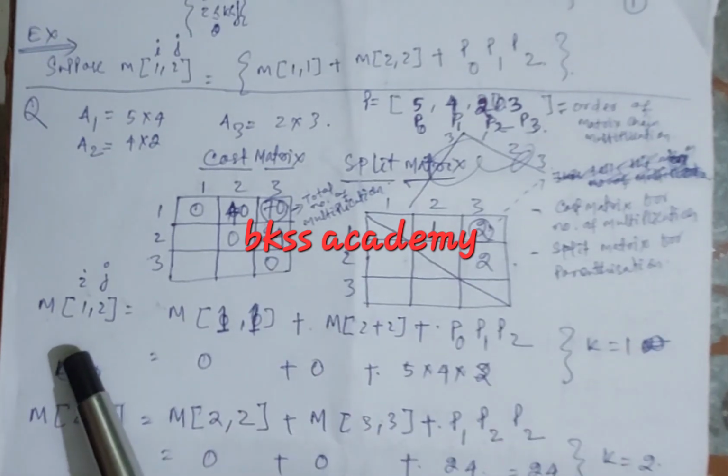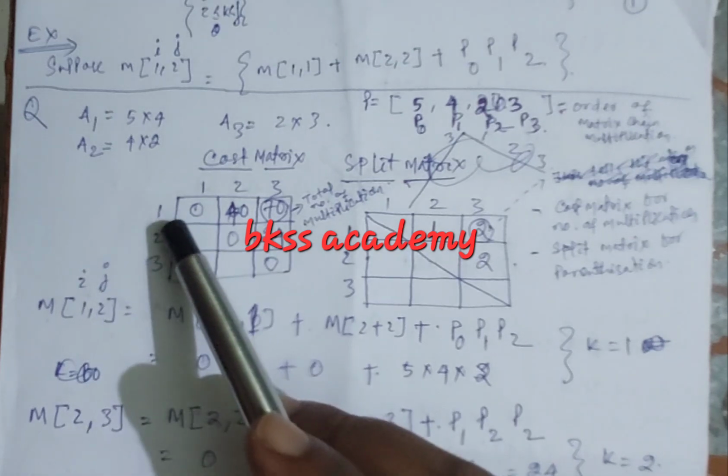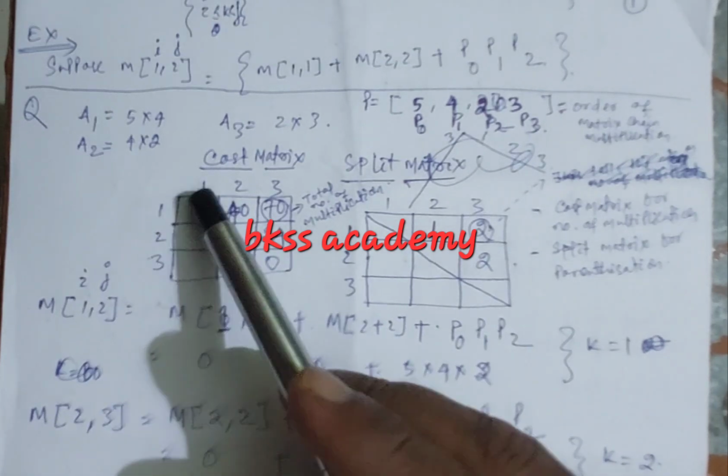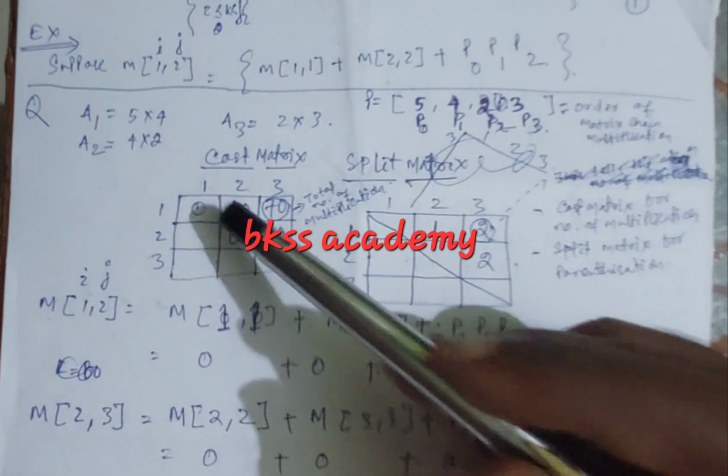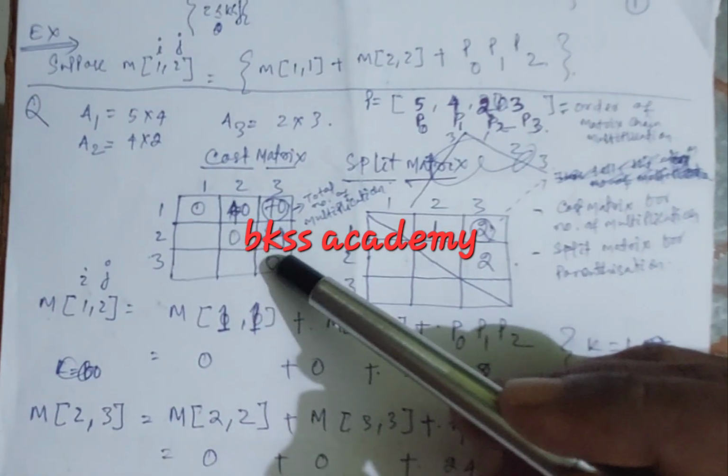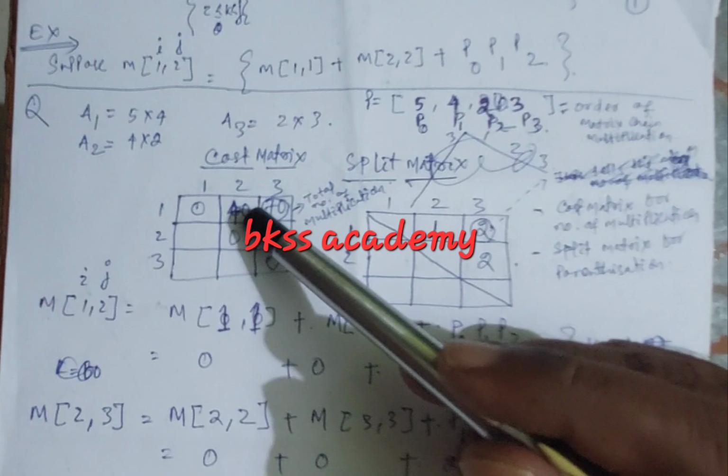First we will find every entry where row and column are the same, that will be 0. We have to fill in 0, 0, 0. Then we will fill 1, 2.